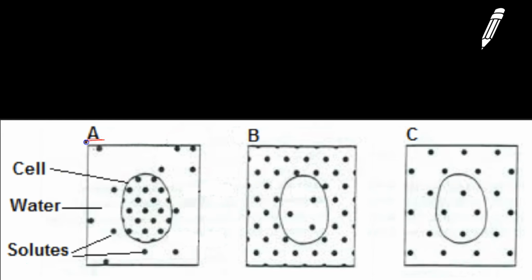Picture A, is that a hypotonic solution, hypertonic, or isotonic solution? That would be hypo, because there's a low amount of solutes around the cell. Okay, there's a low amount. If I look at picture B, is that cell in a hypertonic, hypotonic, or isotonic solution?